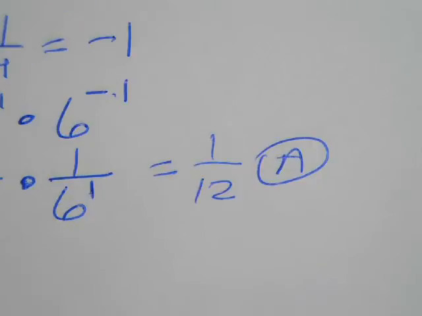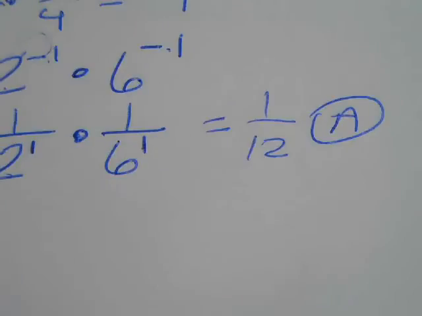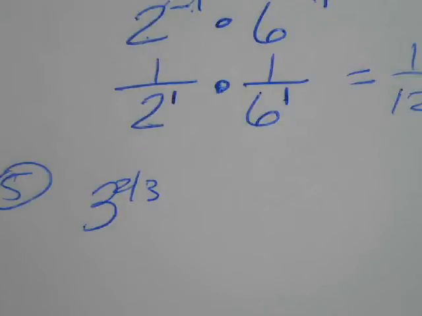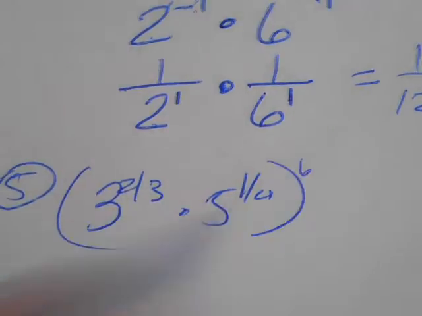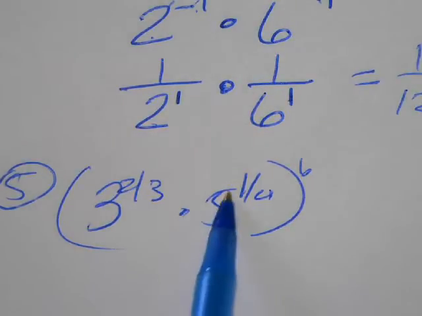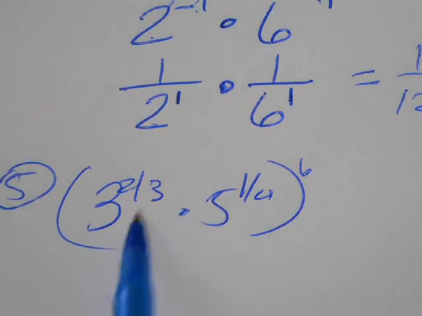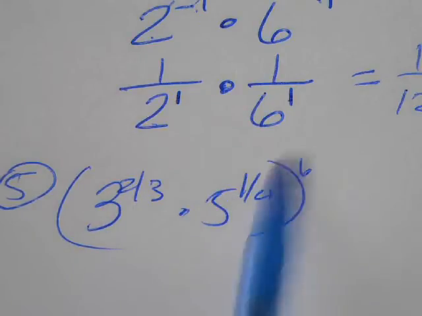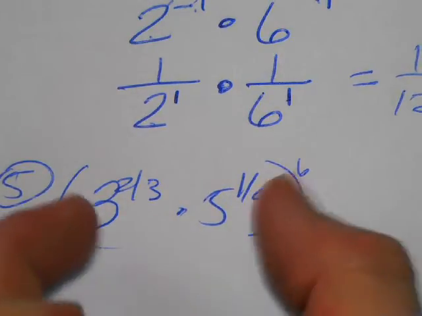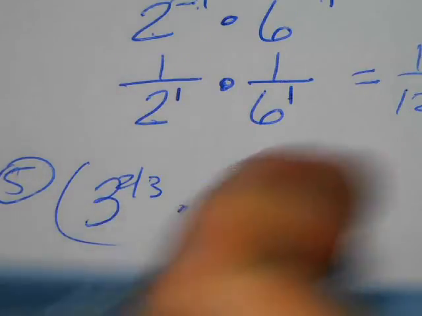Okay. Let's go on. Number 5 asks you for 3 to the 2/3 power times 5 to the 1/4 power, and then you're going to raise it to 6. So we've got 2 different bases, and we've got a 6 here. This is like writing this grouping 6 times.